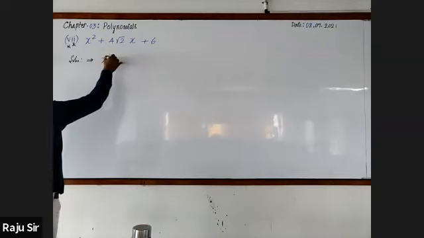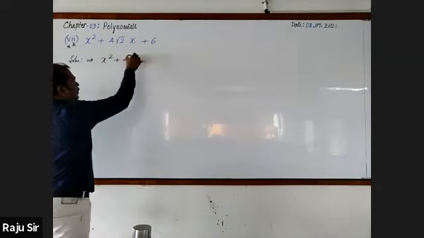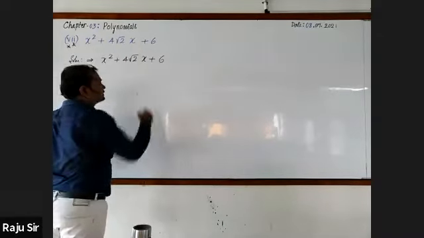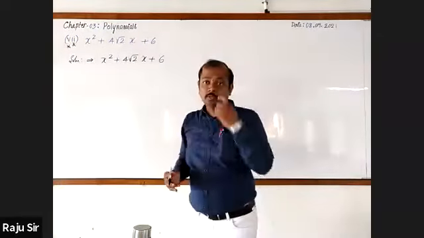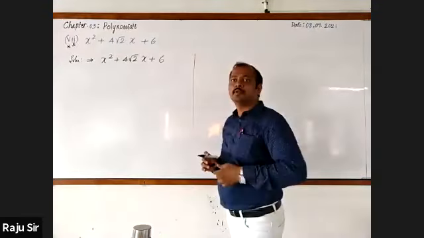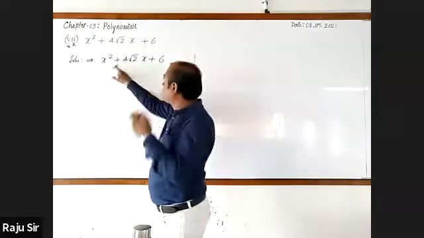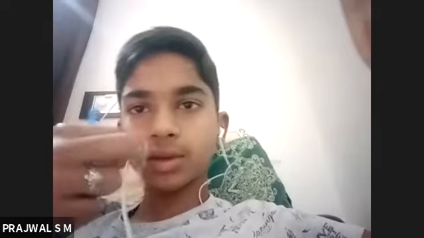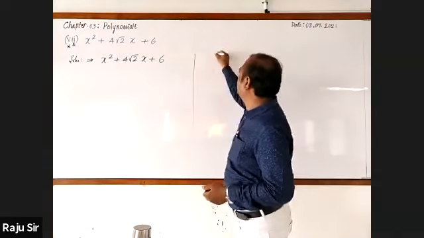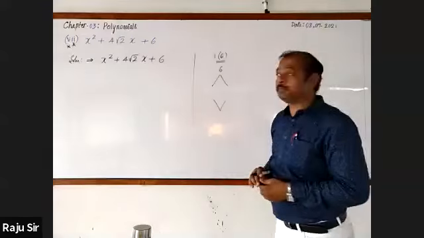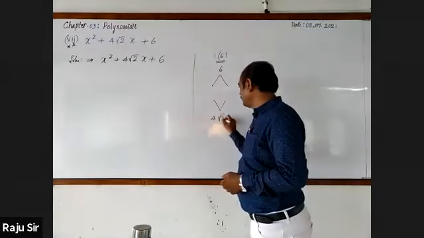It is x square plus 4 into root 2 into x plus 6. As we are going to follow splitting the middle term, first term and last term should be multiplied. 1 into 6 is 6, whereas the middle term is 4 into root 2.